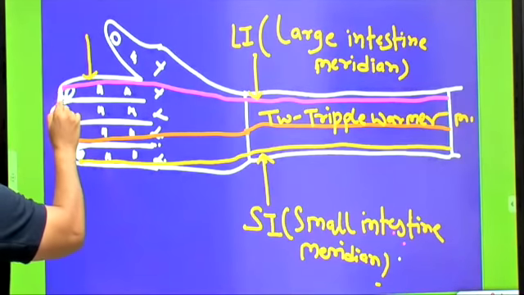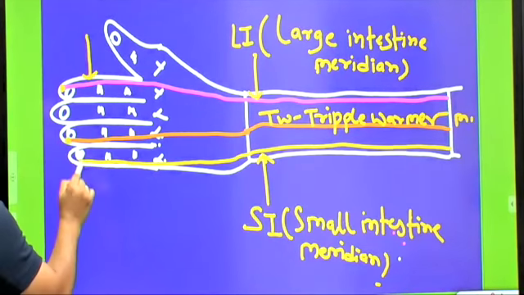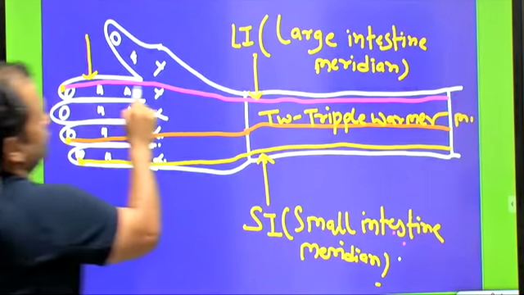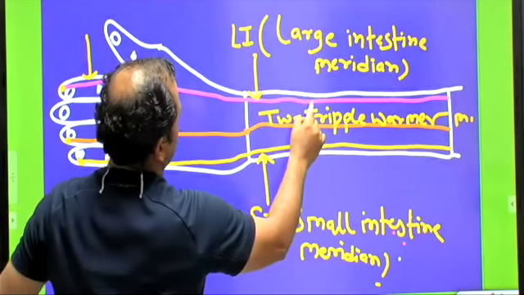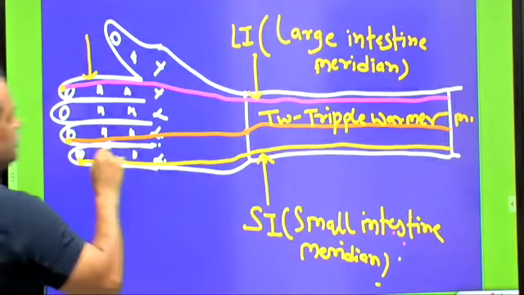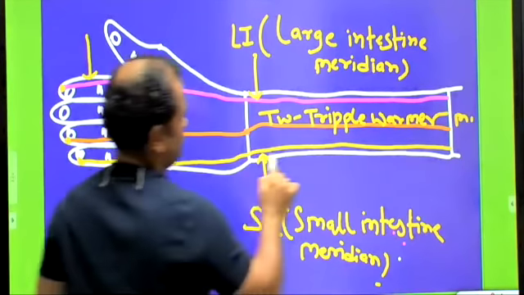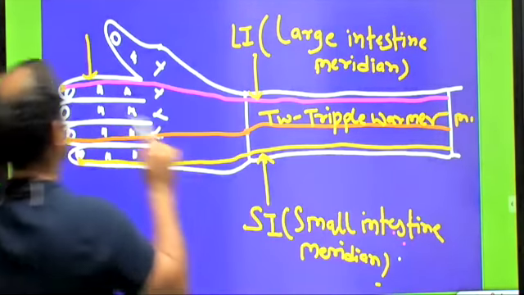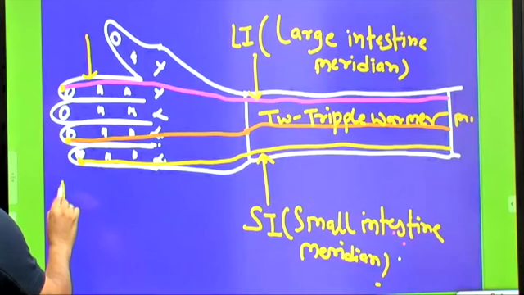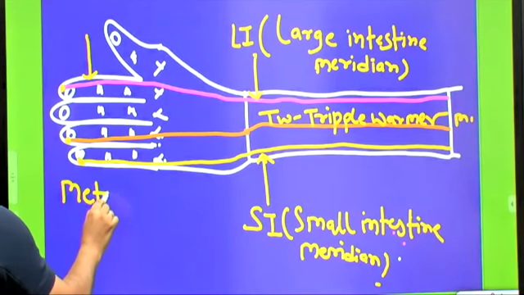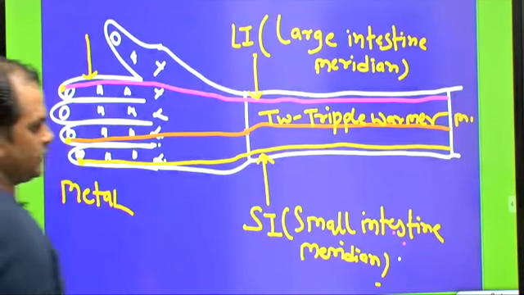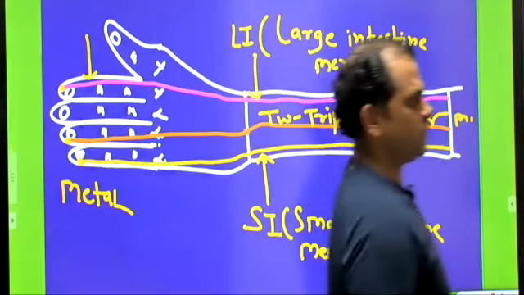For all of these, whether we talk about the large intestine meridian, the triple warmer meridian, or the small intestine meridian, the first point will be the metal point.